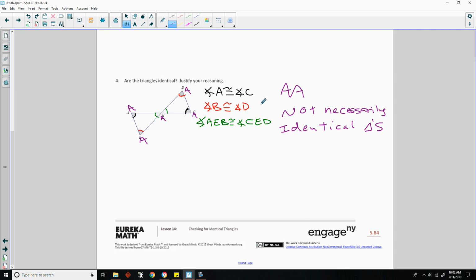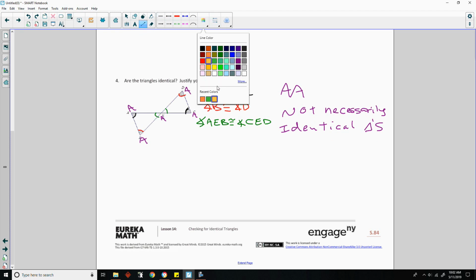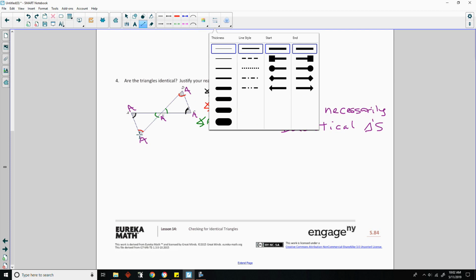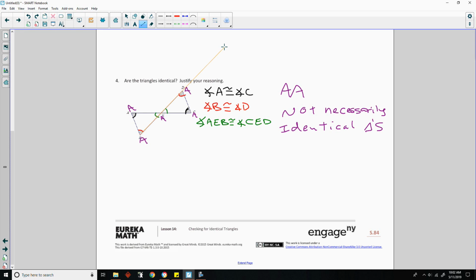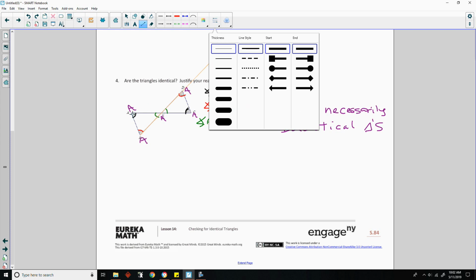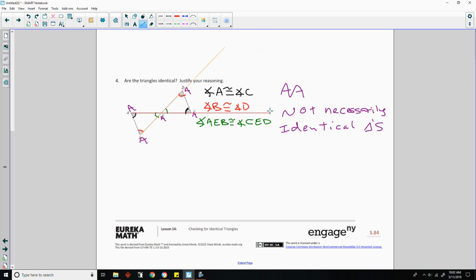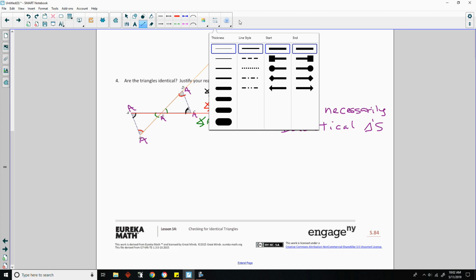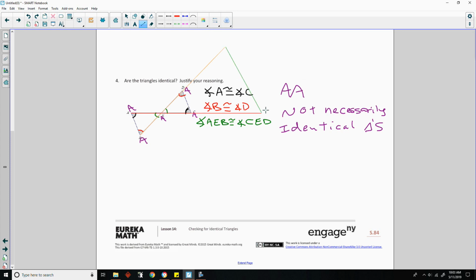Okay, and let me explain why. If I were to extend this side all the way out to here, and then I extended this side all the way out here, and then I created a third side from here down to here, and I made those angles congruent, and so now this is D and this is C. Notice how large this triangle is compared to this one.